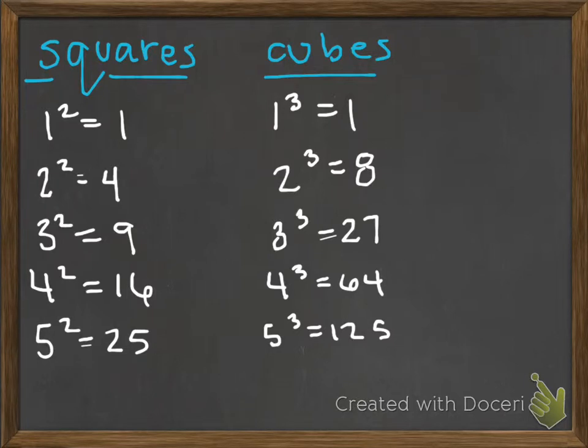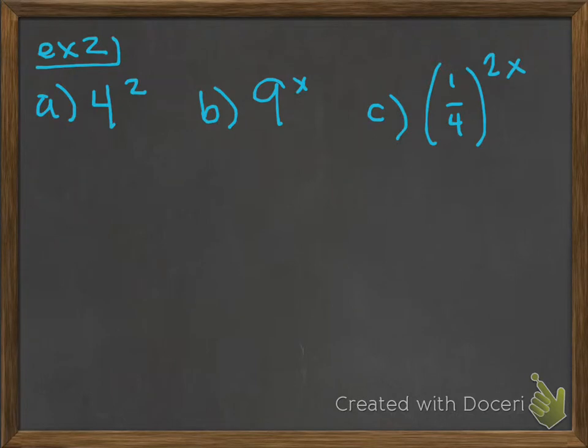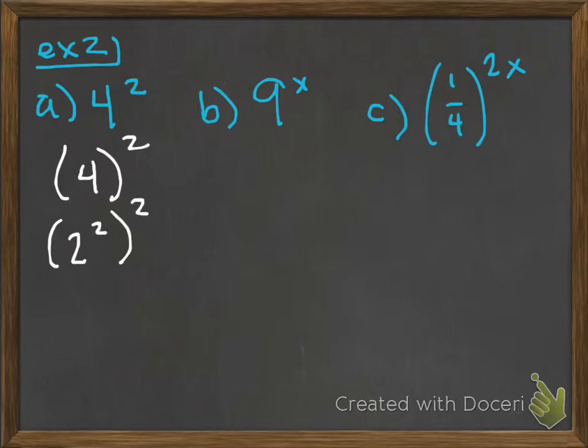So letter A, I have a base of 4, and the goal is to make your base be as small as possible. So this base of 4 needs to be rewritten, and I can rewrite 4 as 2 to the 2nd power. Notice, this 4 here got replaced with a 2 squared. The other 2 came from before.